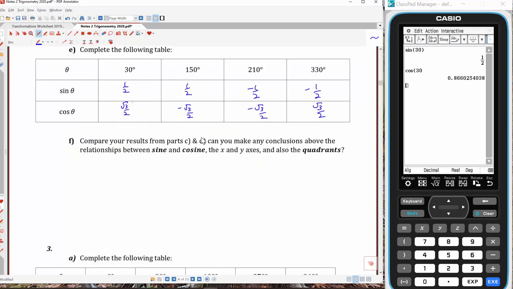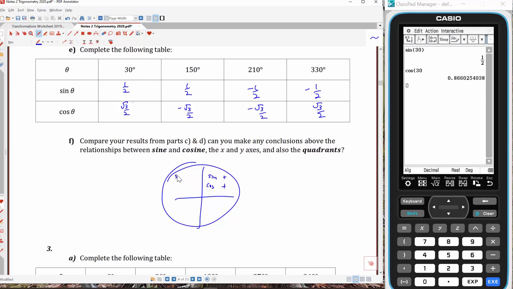Okay, so compare your results from parts C and D. Can you make any conclusions about the relationship between sine and cosine, x-axes and y-axis, and also the quadrants? So basically, in this particular quadrant, sine and cosine are both positive.